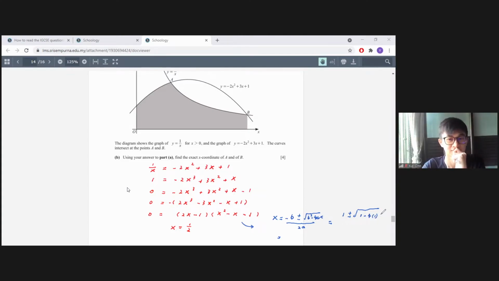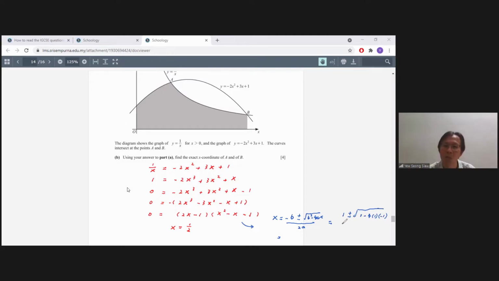Everything is 1, negative 1. Divide by 2a, 2 times 1 also 2. So calculate properly.